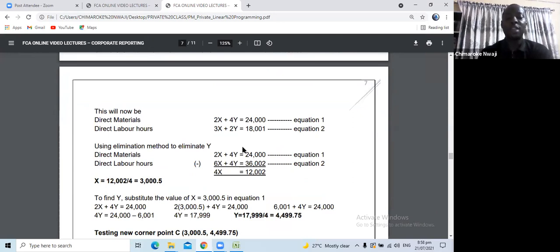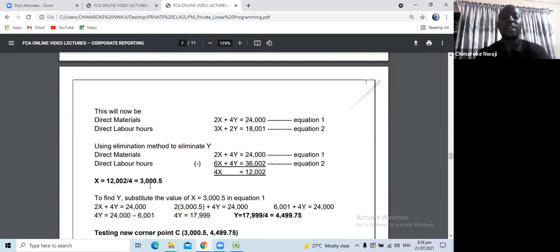At the end, we're eliminating y. 4x becomes 12,002, and finally translates to 3,000.5. That's your X.